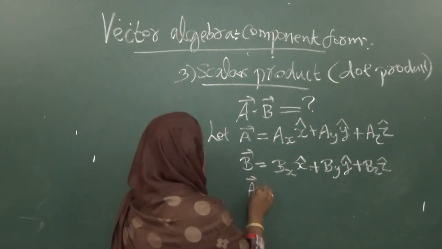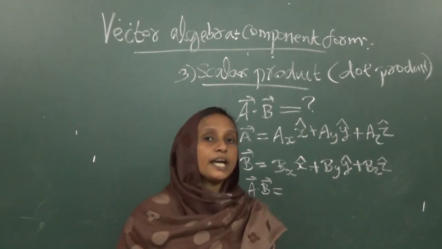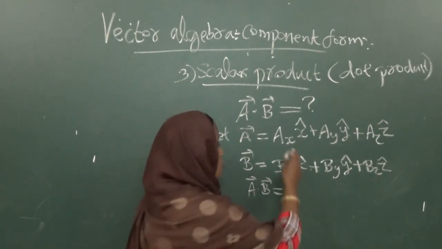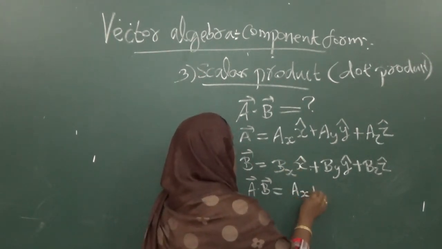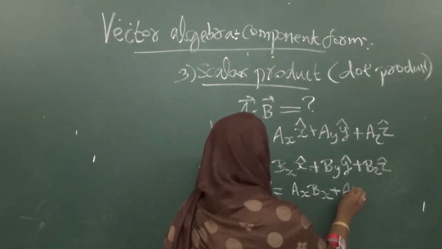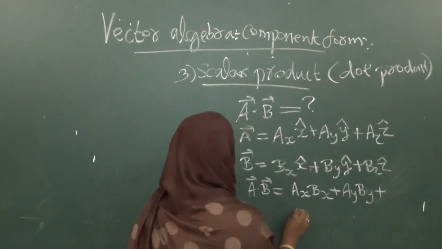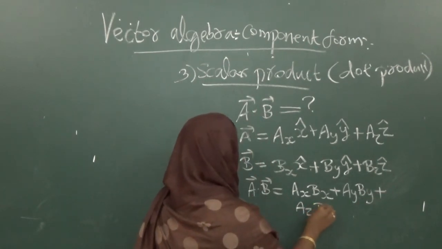So vector A dot B equal to Ax Bx plus Ay By plus Az Bz.